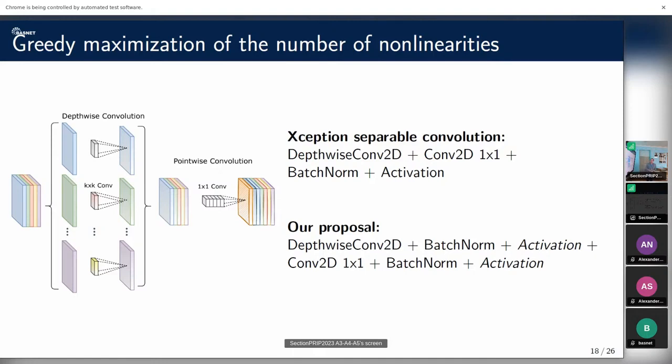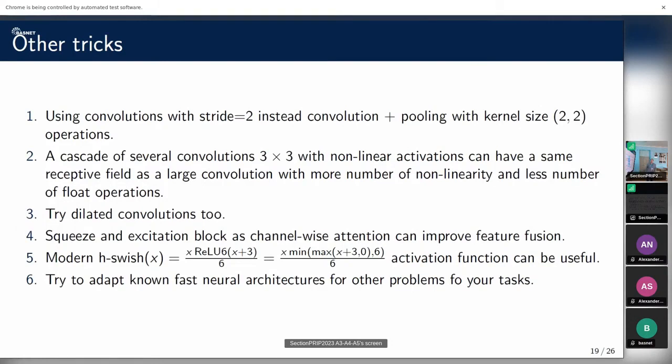My experiments show that if we want to find an extremely fast architecture, we need maximization of some of the nonlinearities. So I use activations between the depthwise and point-wise convolutions too. And strided convolution is used instead of convolution with pooling, and a cascade of convolutions with small kernels is preferred to large kernels, etc.